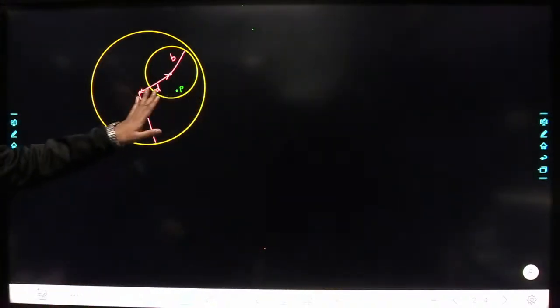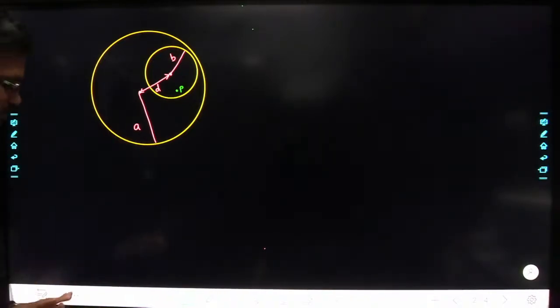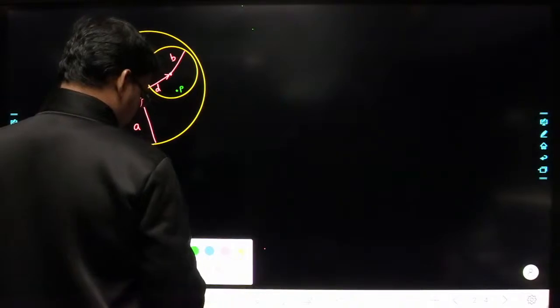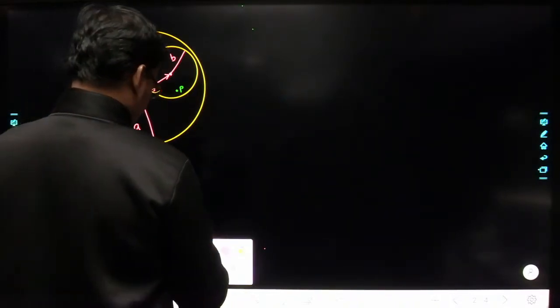Inside the cavity at some point P, I want to determine the magnetic field.